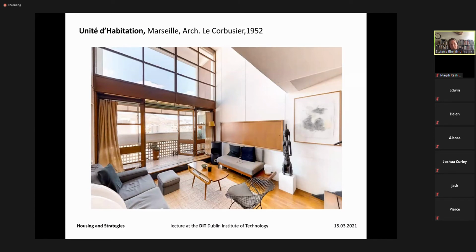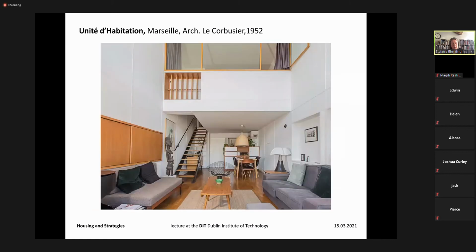What it means for the living spaces, you can see here: the double height living space, how light comes in, and a view back towards the entrance door on the bottom, and the upper floors with the double height.